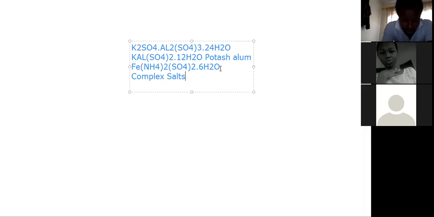Because it is complex, it contains a complex cation or an anion as a stable species.